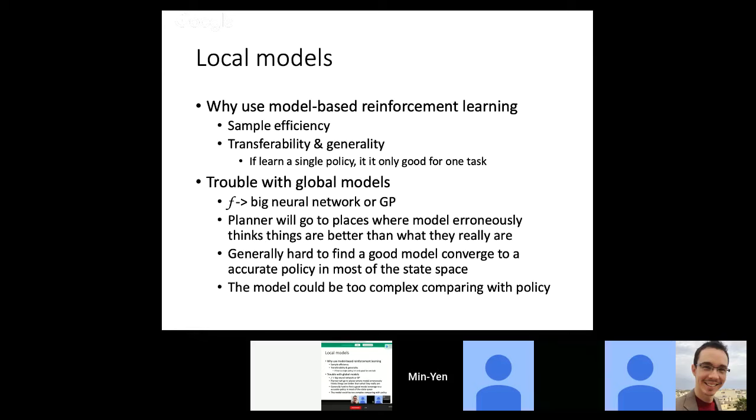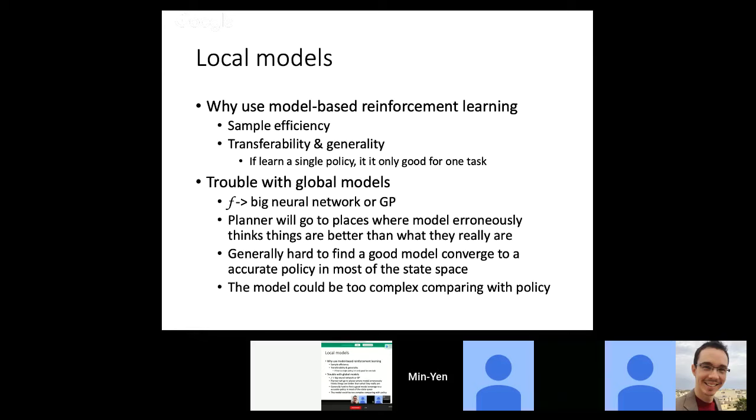But the problem with the global models is first your transition function. It could be a very big neural network or Gaussian process, and so the planner can go to the place where the models think things are better than where they really are, because they are trying to optimize this function.